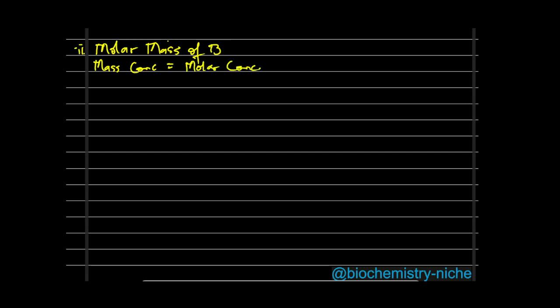Since it is molar mass that we are looking for, molar mass equals the mass concentration divided by the molar concentration. So that is this. We have our molar mass.